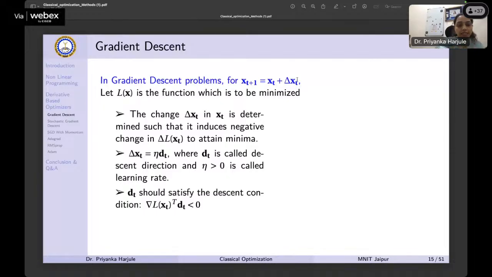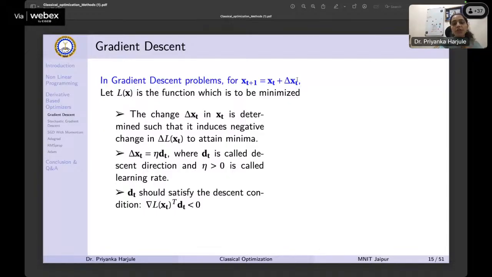What we want is this dot product of the gradient of the loss function with the direction to be pointing downhill. For this to be negative, the most aggressive way of decreasing the function is moving directly opposite to the gradient. If the gradient is pointing uphill, its negative will point in the downhill direction. That is why you take dt to be the negative of the gradient of L of x of t.